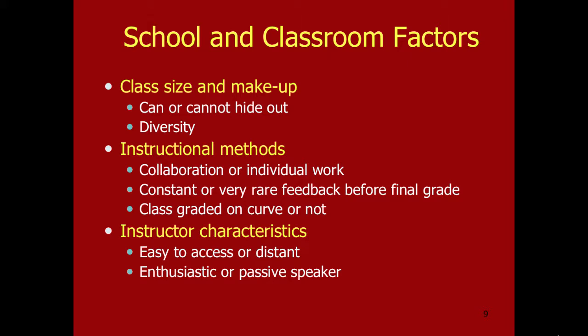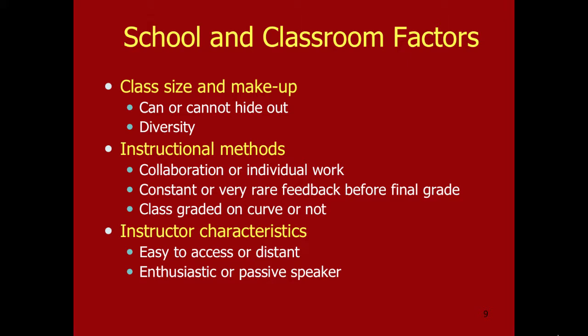Whereas if a professor tends to be more of a passive speaker or more monotone, it's very easy for us to be distracted or even to tune out the professor's voice. All of these school and classroom factors impact the level of learning and motivation that we have. This is why it's very important to become a self-regulated learner so that we can strategize and overcome obstacles that may come from school, classroom, or other sociocultural factors.